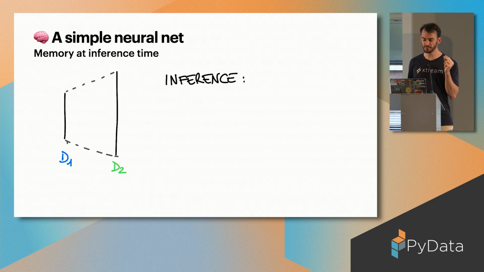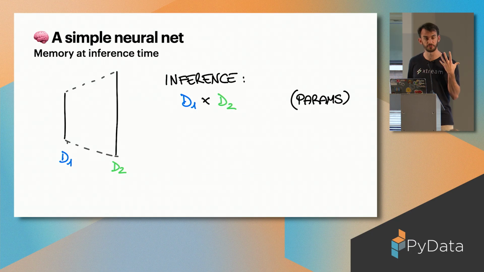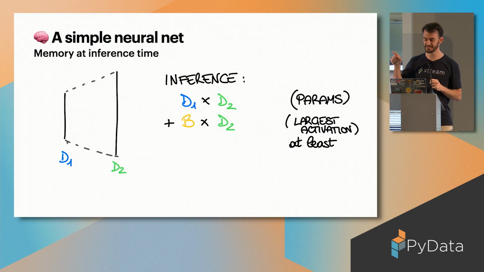In terms of inference, it's a bit different. We need to store into the memory of our machine all the parameters. But we also need to be able to host B, the batch size, times D2, which is at least B times D2, the dimension of the widest layer inside the architecture.